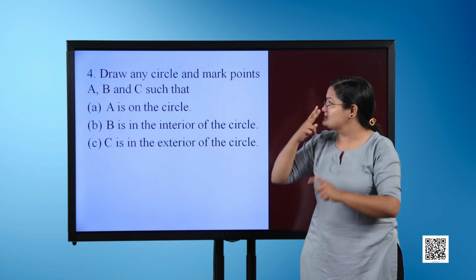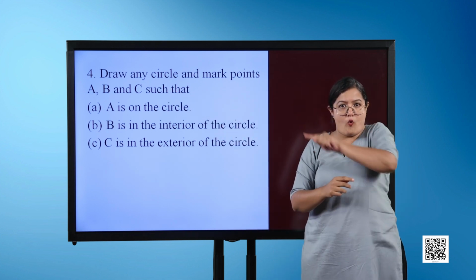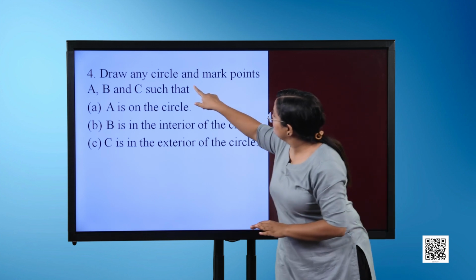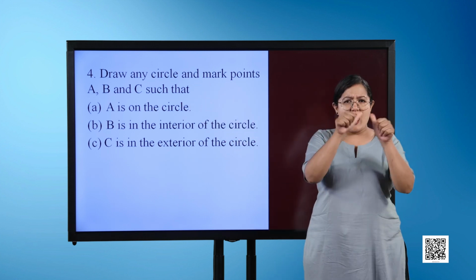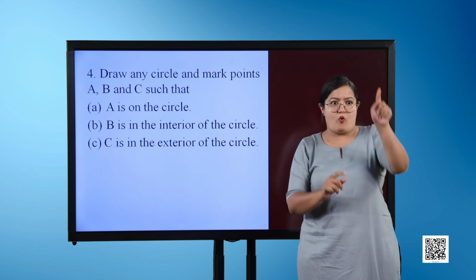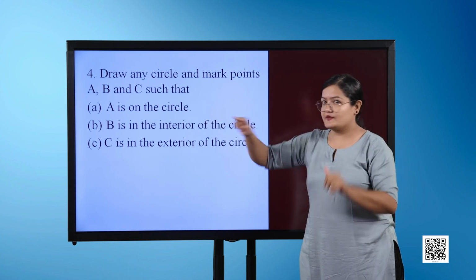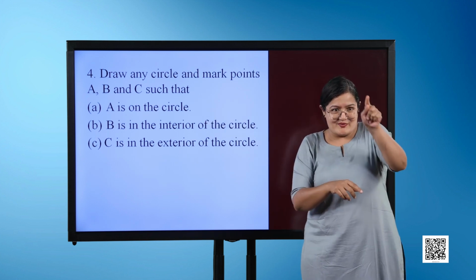4. Draw any circle and mark points A, B and C such that A is on the circle.